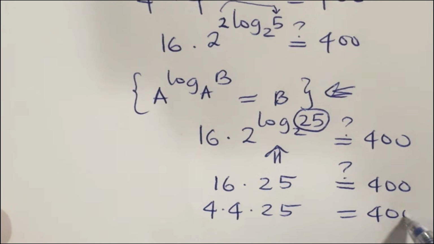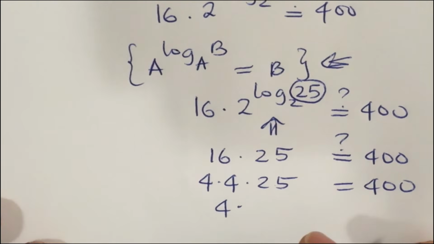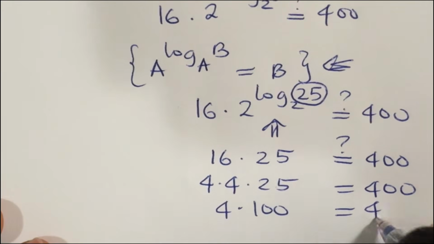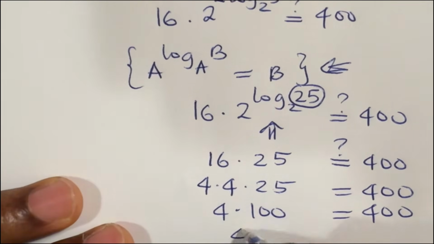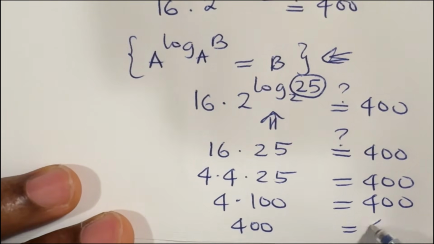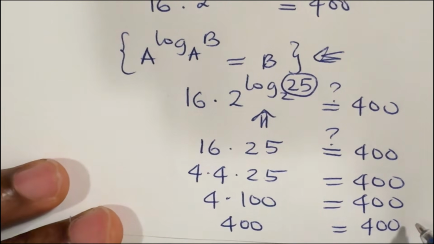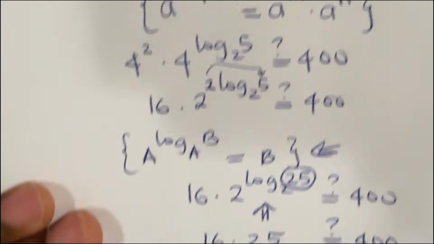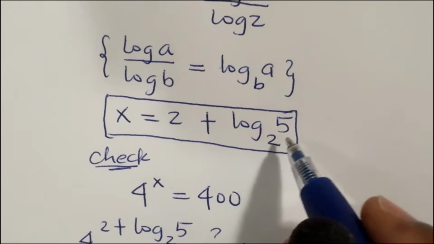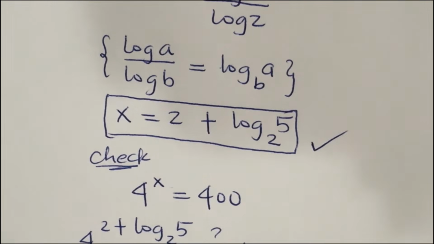And we know that 4 times 25 is 100, so we have 4 times 100, which is equal to 400. So 400 on the left hand side is equal to 400 on the right hand side, meaning that our solution to this problem, which is x is equal to 2 plus log 5 base 2, is perfectly correct.